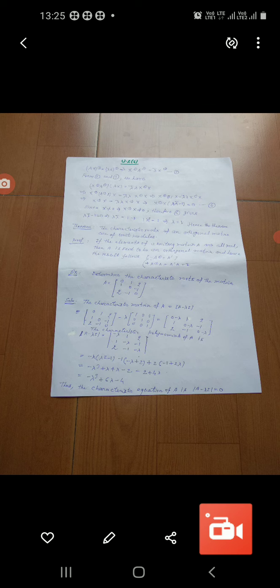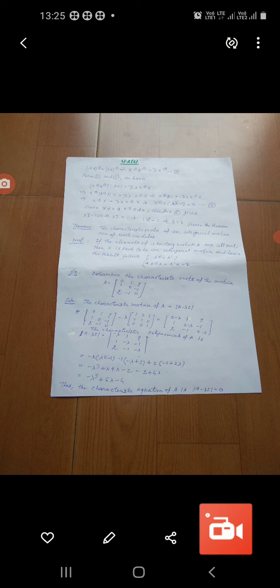Very simple. This implies that x^θ x equals lambda bar lambda x^θ x, and this implies you can write x^θ x (lambda lambda bar minus 1) equals 0, and let it be equation number 4.